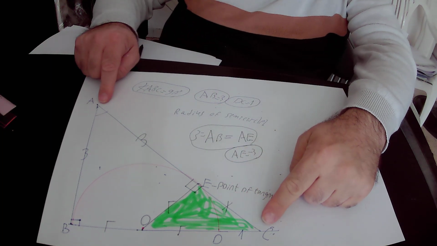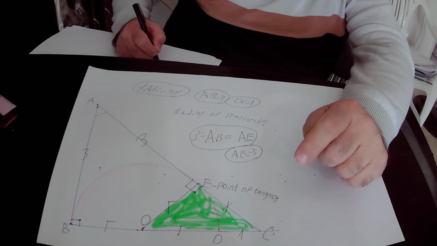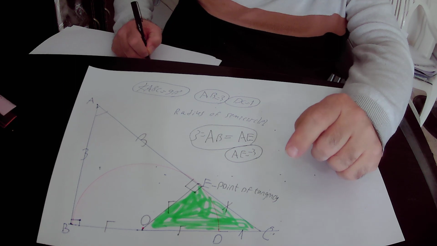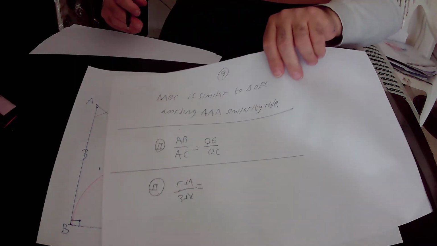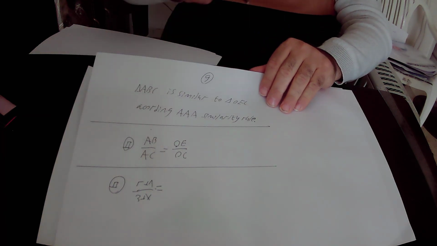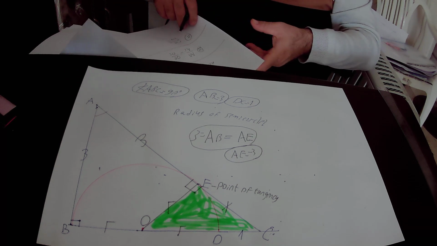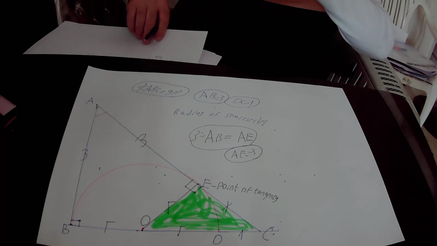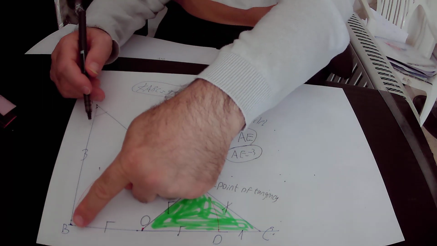AC equals 3 plus X. So we found out here AB equals 3 units.